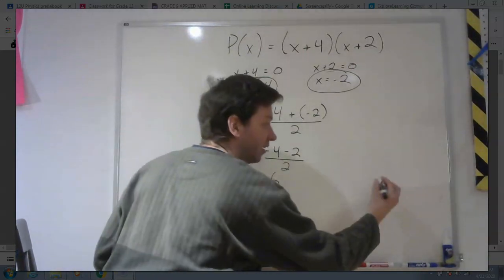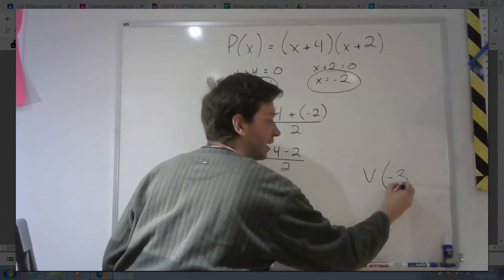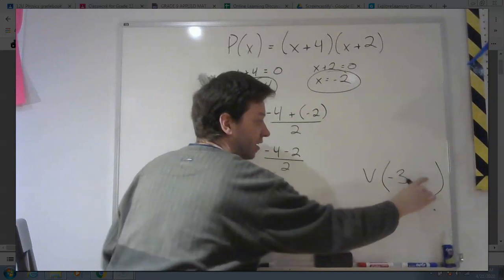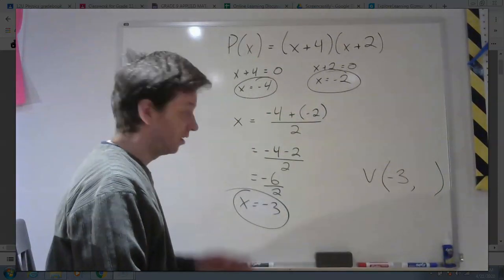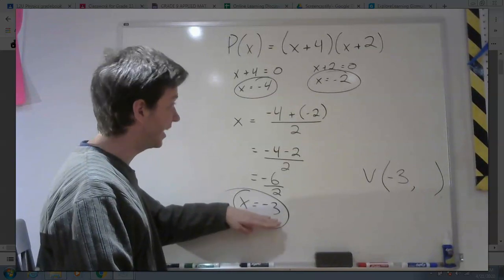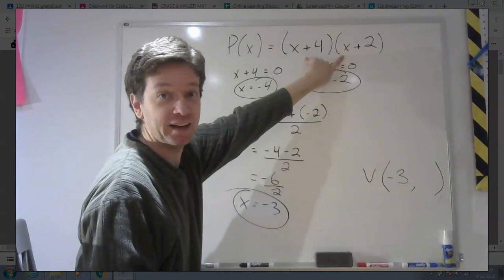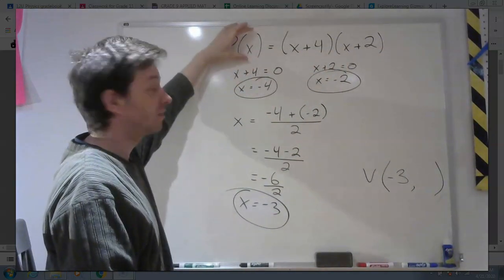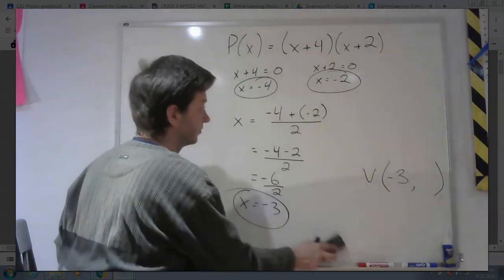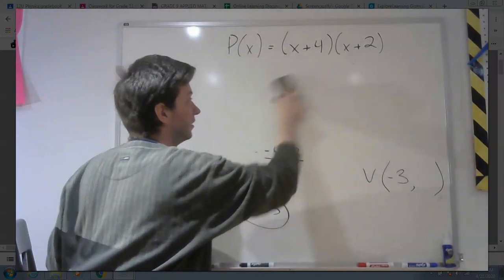So we know that the vertex is going to be at the point (-3, something). Well, how do you find the y-coordinate? We're just going to substitute this x-coordinate back into our equation for x and figure out what the function equals. So let's do that.